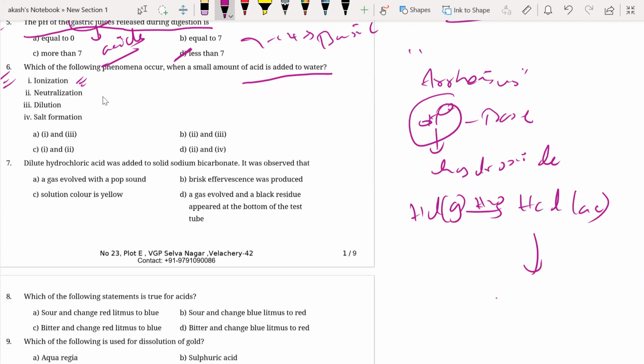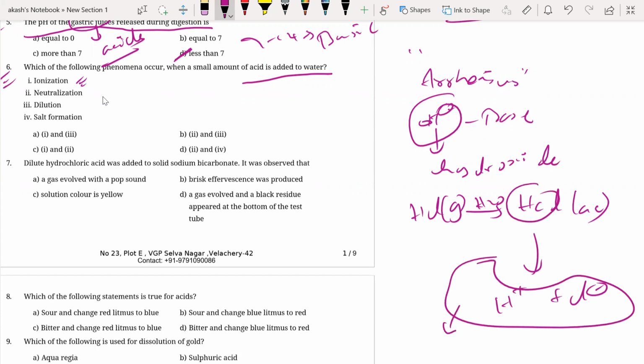This HCl aqueous I know will give me H plus and Cl minus. So what is happening here? This compound is getting converted into ions. This process can be called ionization, because a compound is getting dissociated to form ions. So yes, I can call this ionization.